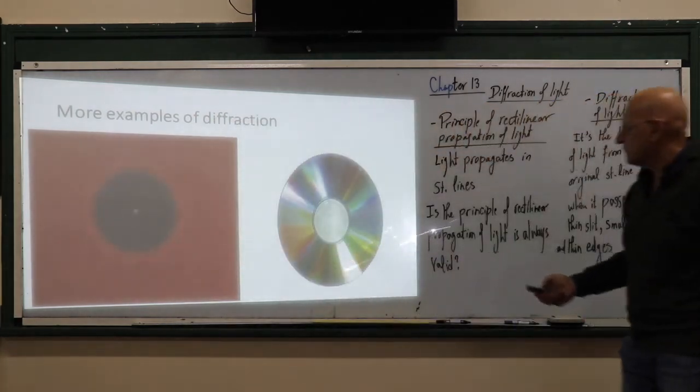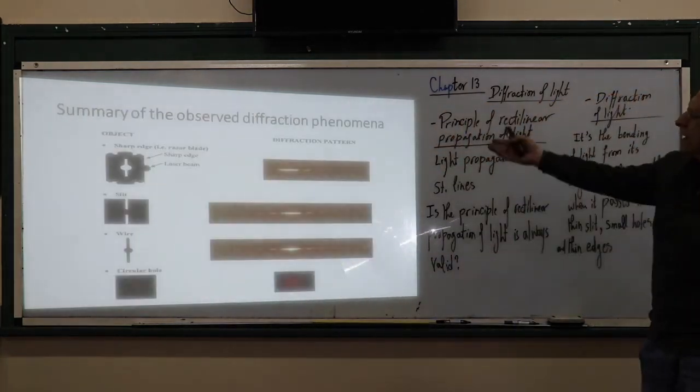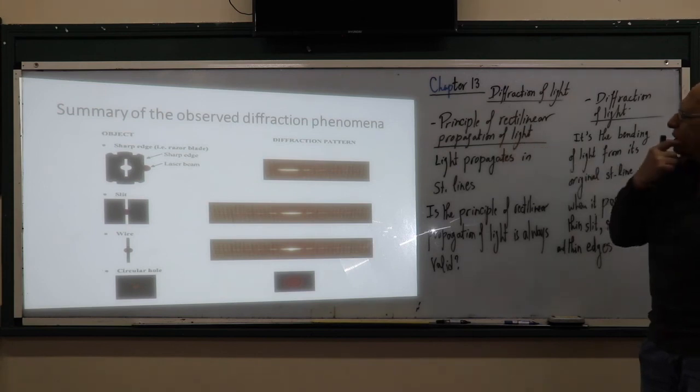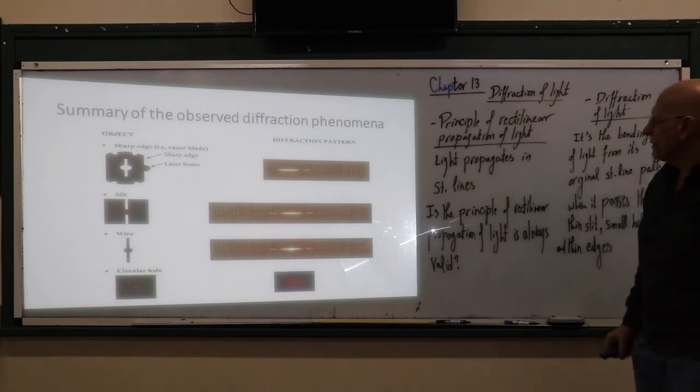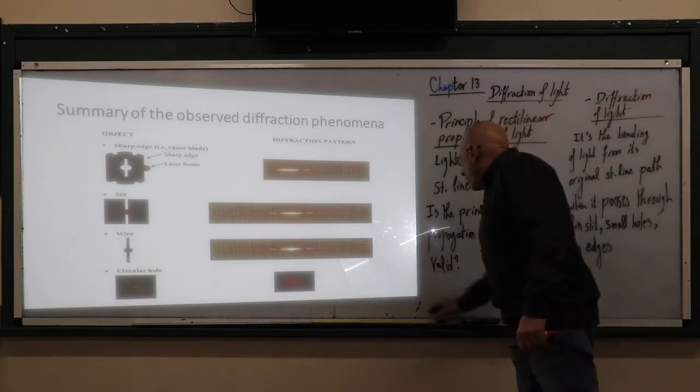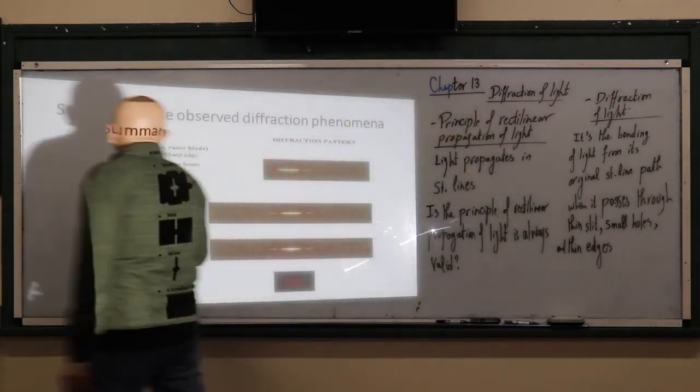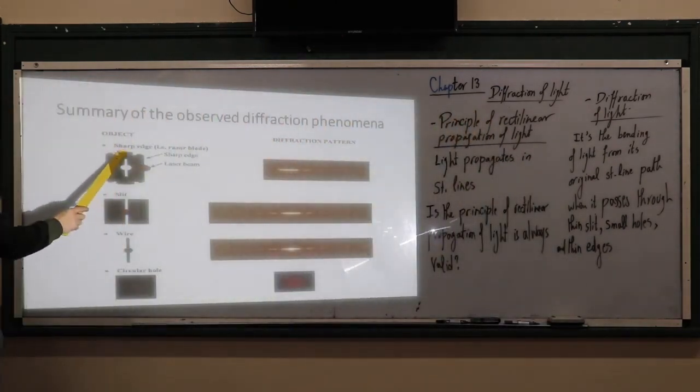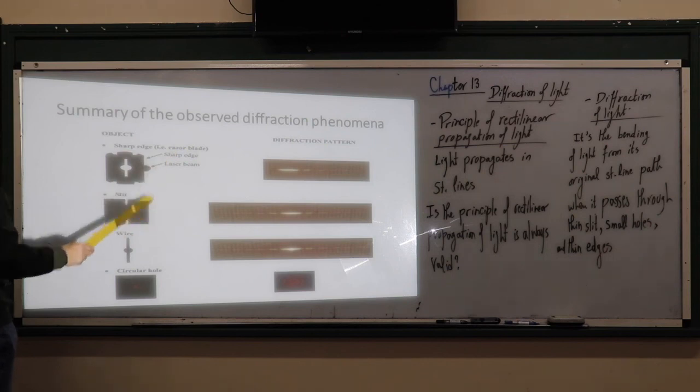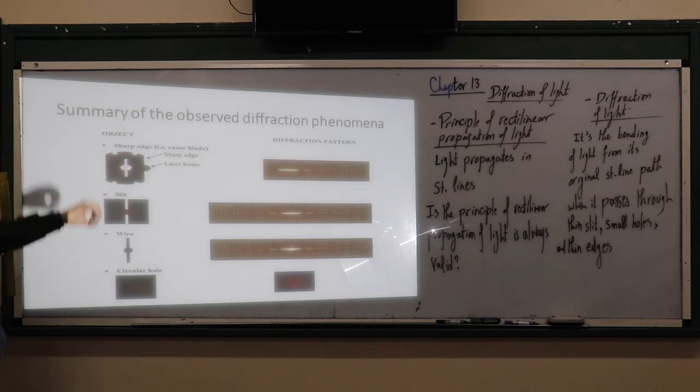Now, this is a summary about the observed phenomena that I have explained. First here, this is the object. You have a sharp edge razor blade. This is the sharp edge, and here this is a laser beam directed. The laser beam is like this.